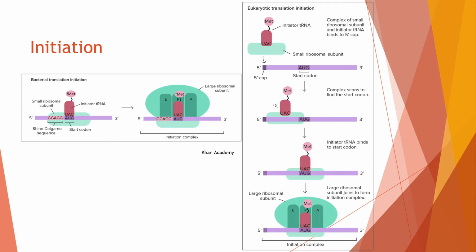Exit site is ready to accept the free tRNA, and A site is ready to accept the tRNA bringing the new amino acid. After such a situation happens, so the small subunit, large subunit, and methionine carrying tRNA are at their positions, we may say that the initiation step is finished and the next part of translation may go on.